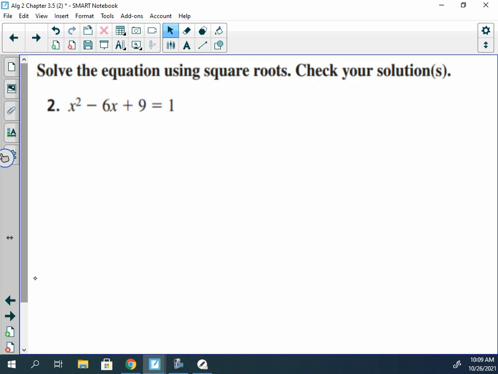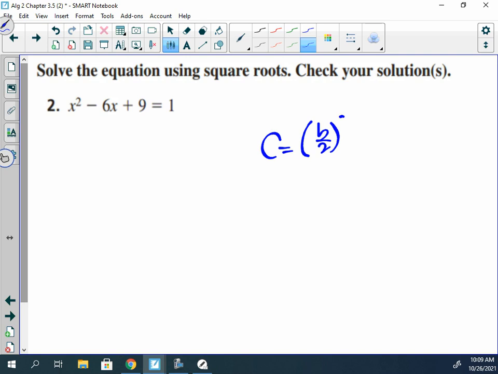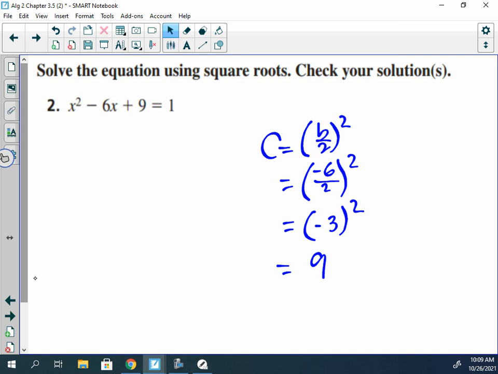Because the c value that we need would be b over 2 squared, yes? Well, what's the value of b here? Well, negative 6 divided by 2 is negative 3, and negative 3 squared is 9. So it's not that there's anything wrong with this. We can still do the same properties and operations.